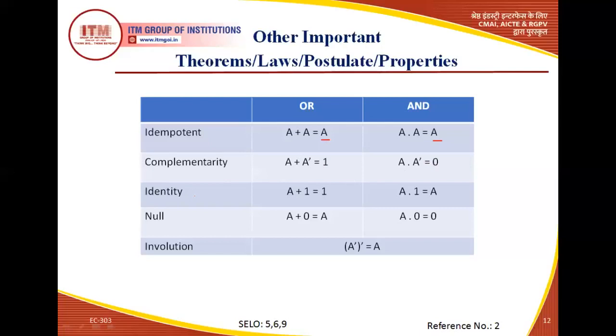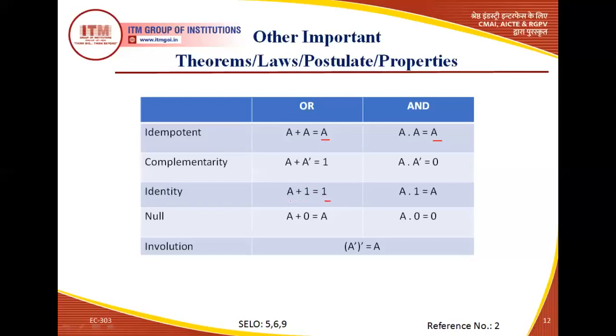Next is the identity property. That shows the OR operation and AND operation with logic 1. What is the result when we perform the OR operation and AND operation with logic 1? If we perform the OR operation with logic 1, it will always generate the output 1.